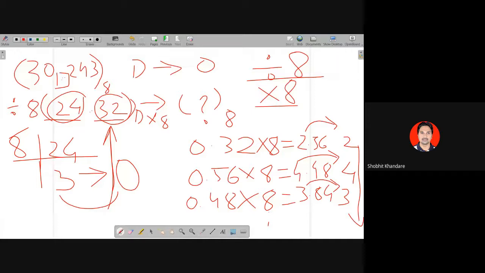Take 24. You have to divide it by 8. I am interested in the remainder.